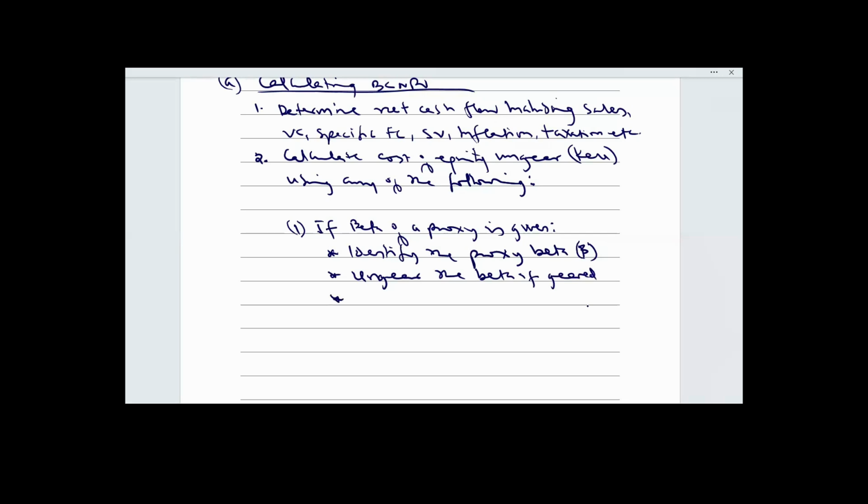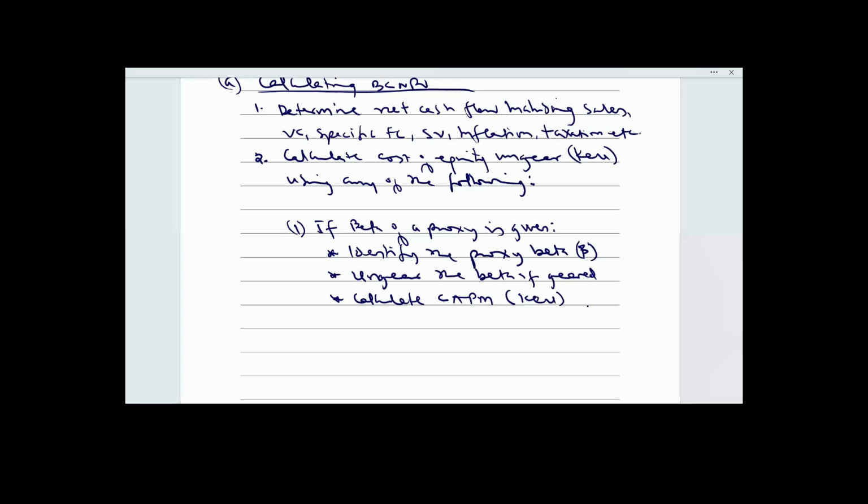Then step three, calculate Keu, which is cost of equity on gear.